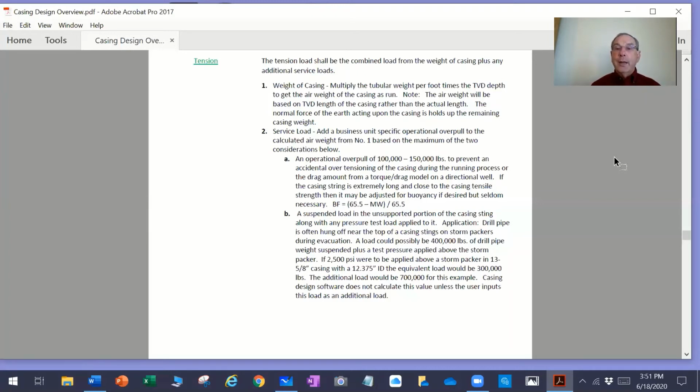Let's say you're drilling a 25,000 foot well, and you've got 14,000 foot of intermediate casing in the well. That was cemented only 3,000 feet of the bottom of that casing at 14,000 feet was cemented.